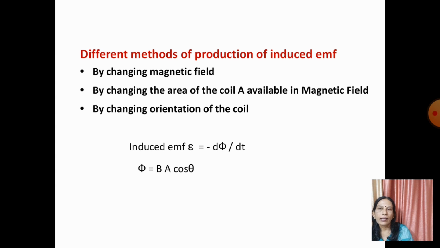Now there are different methods for the prediction of induced EMF. As we have studied earlier, it depends upon the rate of change of magnetic flux. The magnetic flux depends upon the changing magnetic field, a changing area of the coil, or a changing orientation of the coil, so induced EMF also depends upon these methods. Induced EMF is given by minus d phi by dt, where phi is magnetic flux equal to BA cos theta.